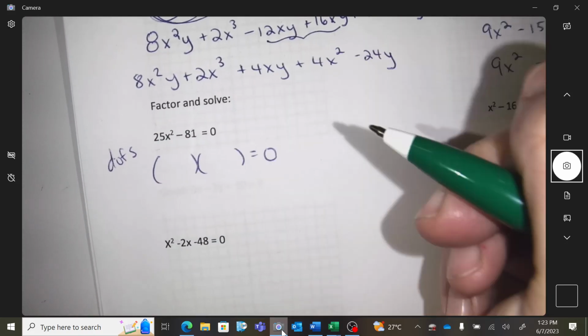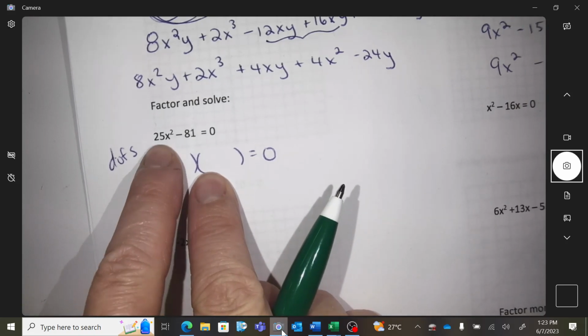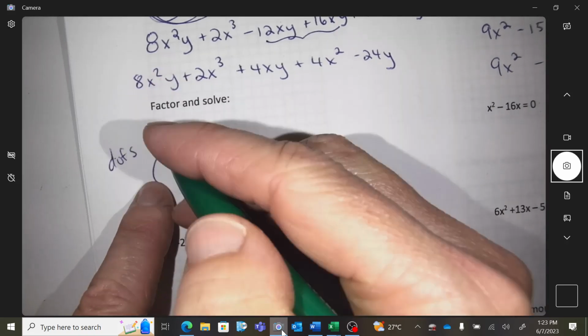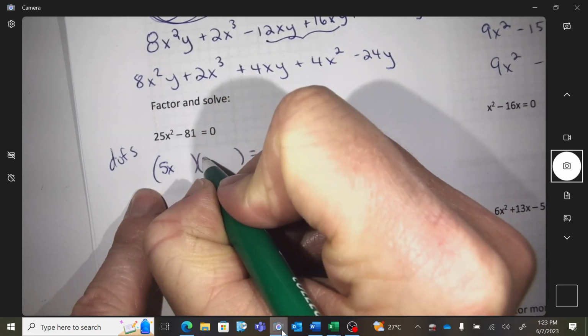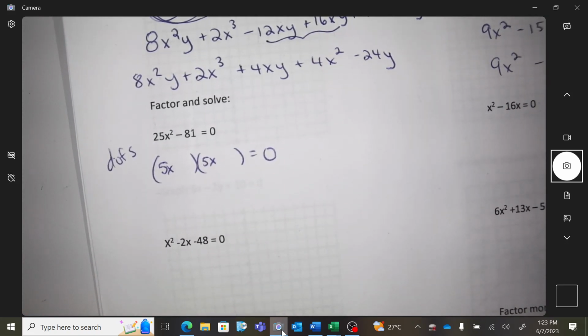So the difference of squares is 2 brackets. Then you say what times what makes this, and you want them to be the same. So 5x and 5x. And then what's important about the signs?